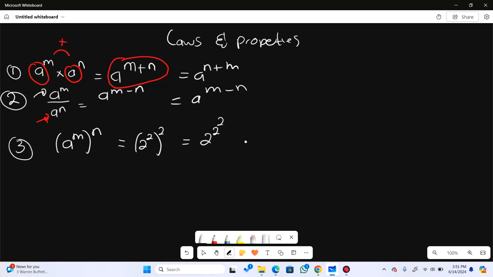You just multiply the two exponents. Just multiply the two exponents. So in that case it's mn.